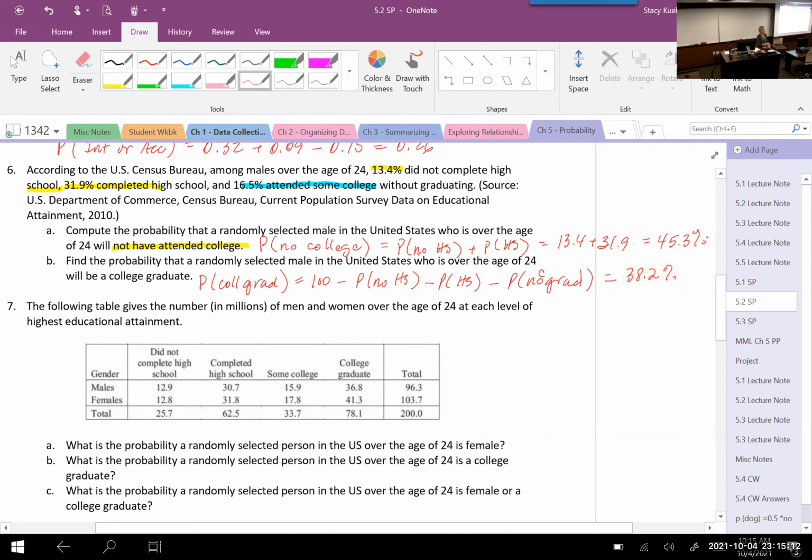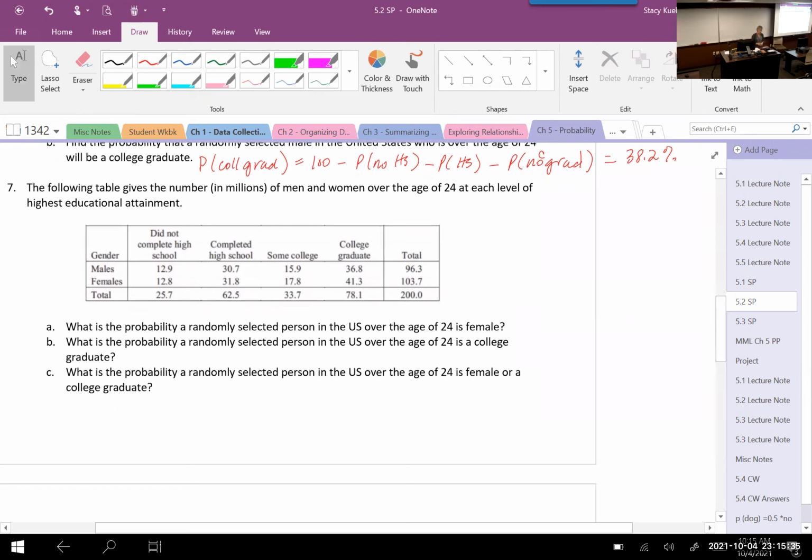Okay? So that complement allows us to find the pieces that are unknown. All right? Does anybody have any questions on that so far? So that was without the benefit of a table. You could have made a table if you had wanted to, but we didn't have to in this case. Sometimes you could just read off those probabilities.